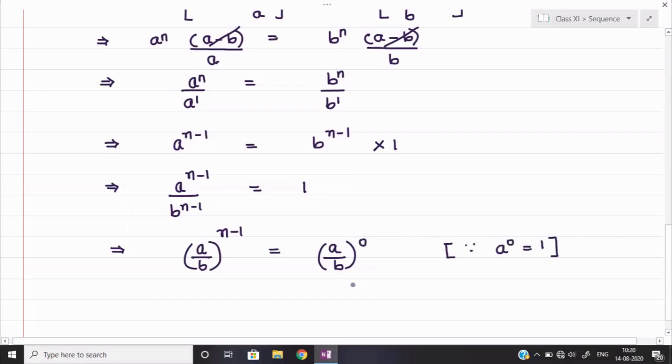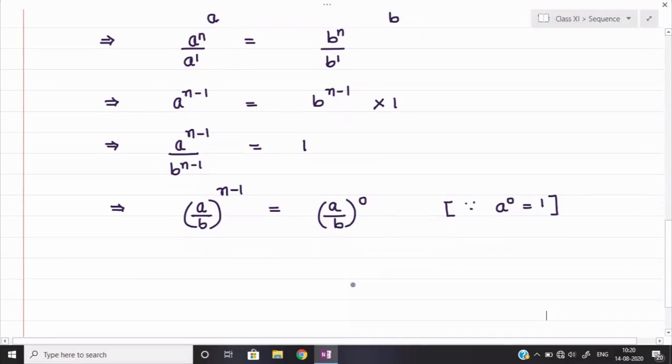So any base with the power 0, the answer will be equal to 1, but I have taken the same base as I am getting on the left hand side. Now we know that if the bases are the same, the powers will also be the same. So n minus 1 will be equal to 0. We can give the reason here: since bases are same.